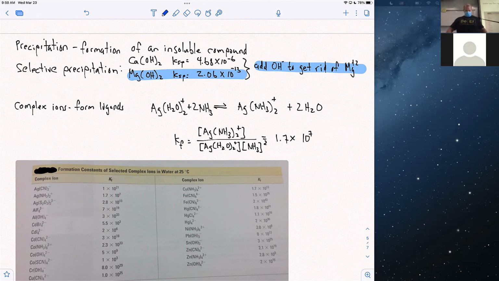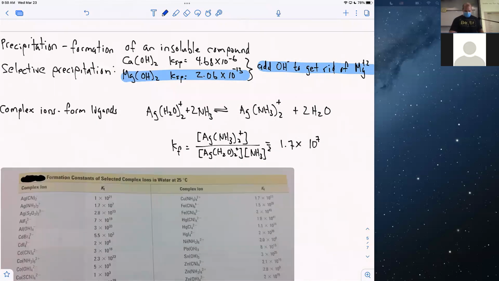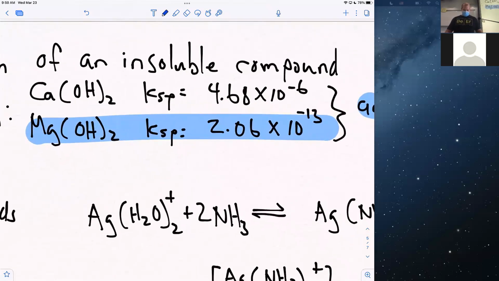One of the ways you can get this stuff is, if you take dolomite and dissolve it with acid or water, you get a solution of calcium and magnesium hydroxides. The Ksp of calcium hydroxide is 4 times 10 to the minus 6, and magnesium hydroxide is 2 times 10 to the minus 13.